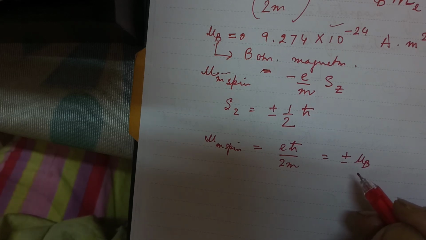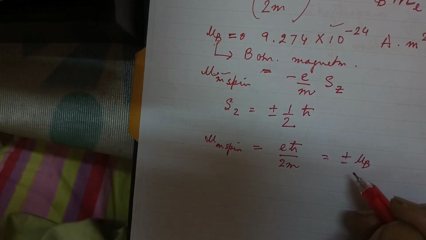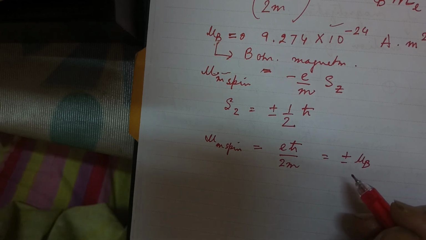Hence, the magnetic moment of an atom is determined only by the electrons which occupy partially filled shells. If they cancel one another, you won't have a net magnetic moment. So only for partially filled shells, you get a net magnetic moment.